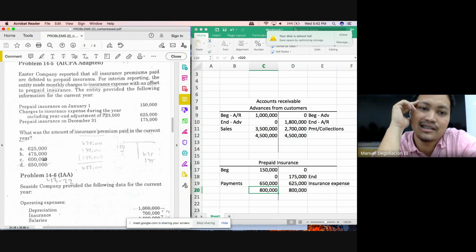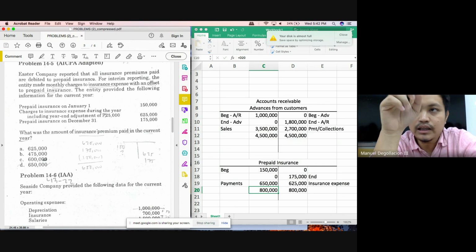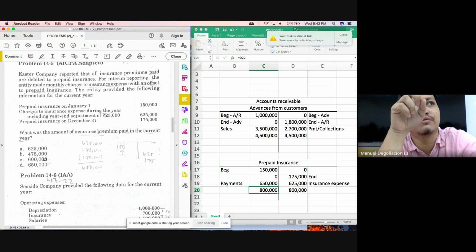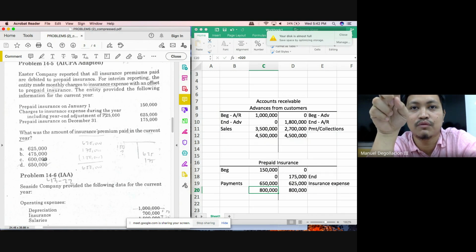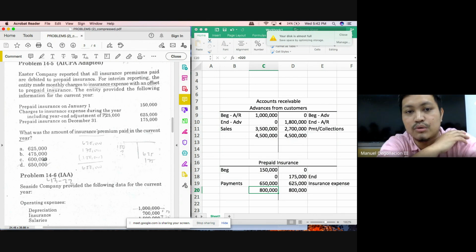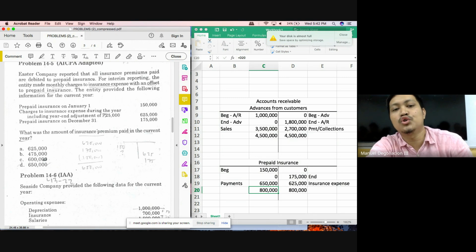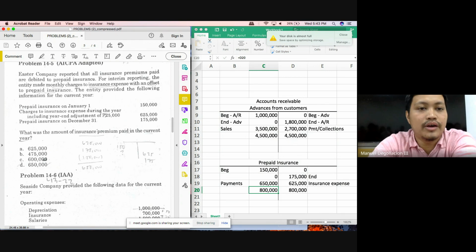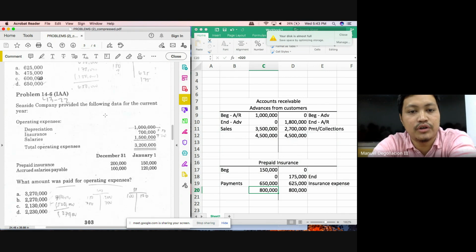Your question is, class, when you make adjustments at the end of the year, it is to record insurance expense for the year. So that means it was correctly included in the 625. So possible confusion would be, shouldn't we deduct the 25 from 625? No, because it should be part of your expenses during the year. Okay? Is that okay, class? Let's proceed to 14-6.